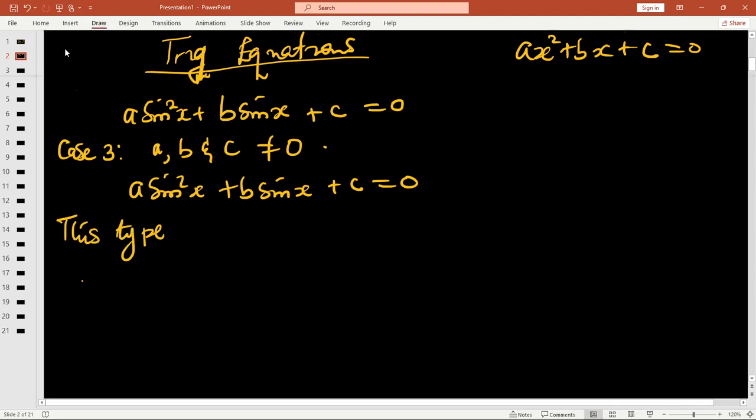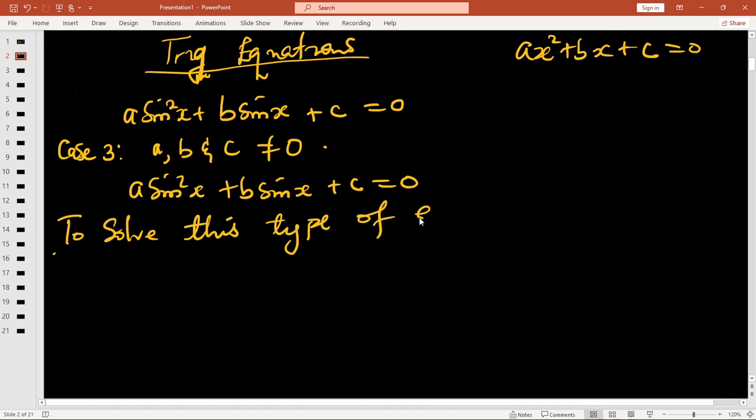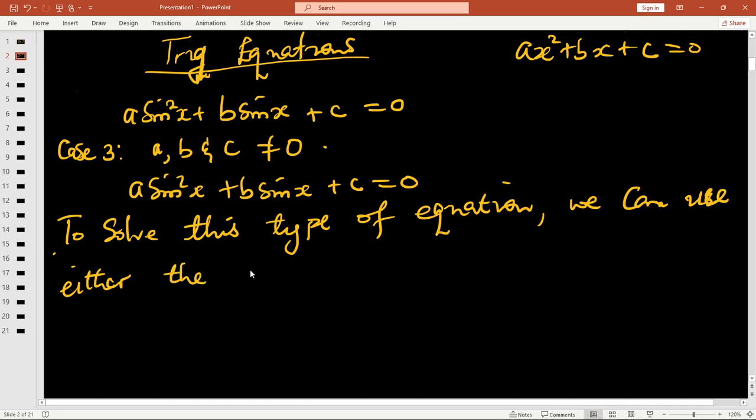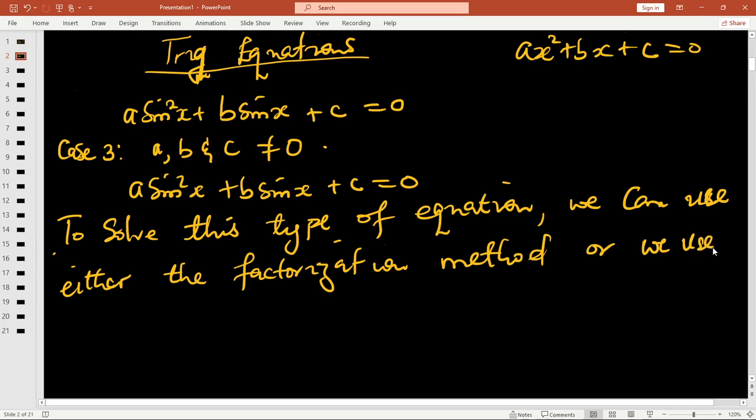So, to solve this type of equation, we can use either the factorization method or the quadratic formula.